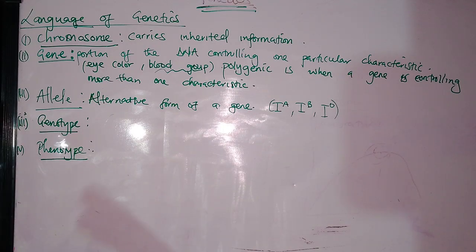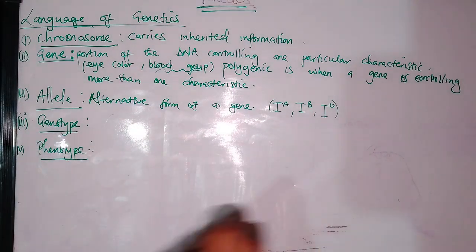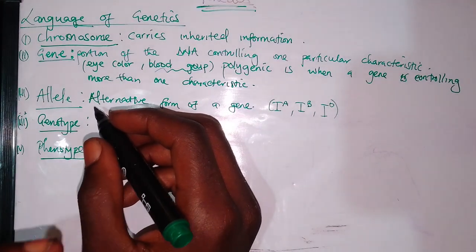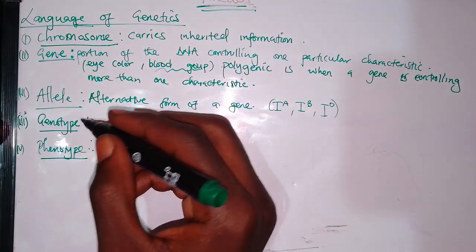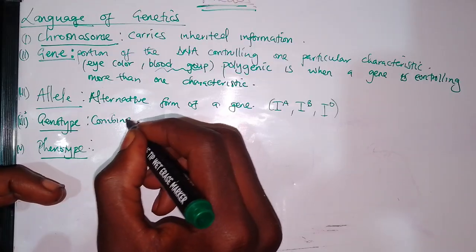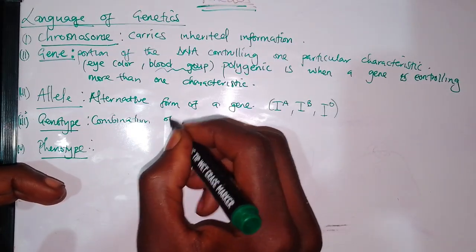In other words, it is the genetic makeup of an organism, what an organism contains. So when you're talking about a genotype, this is just a combination of alleles.